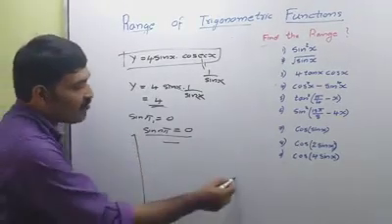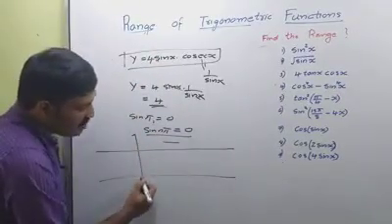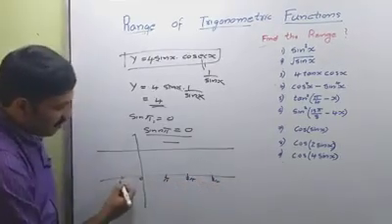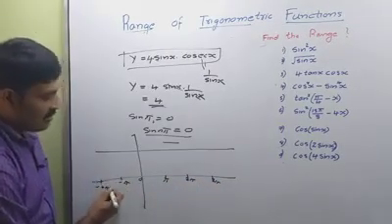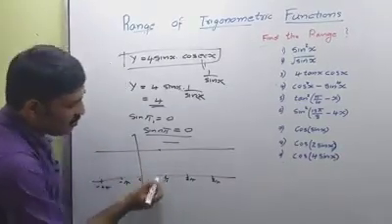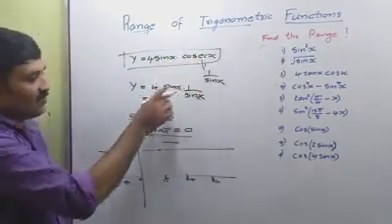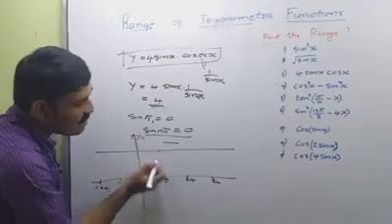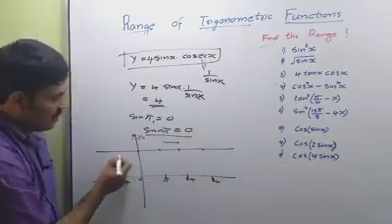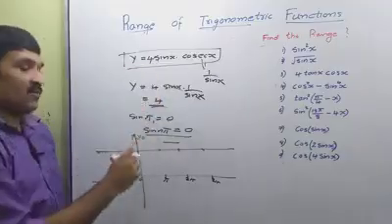So we can draw the graph of 4 sin x cosec x like this, and at the values 0, pi, 2 pi, 3 pi, minus 2 pi, etc., the function becomes discontinuous. This is the value of y, that is equal to 4, and this function is discontinuous at x equal to 0, pi, 2 pi, 3 pi, minus 2 pi, etc. So this is the graph of this trigonometric function.